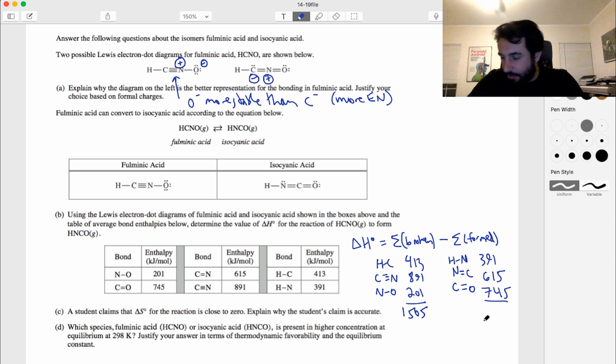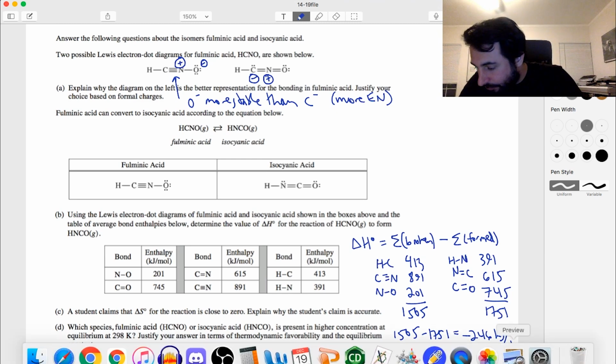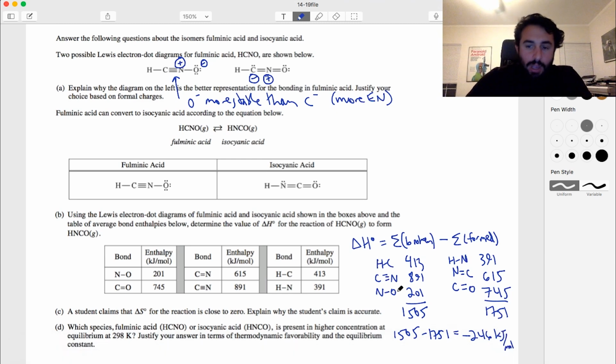If we add those up, we get 1751. So that means 1505 minus 1751 equals negative 246 kilojoules per mole. So that is going to be the delta H right there.